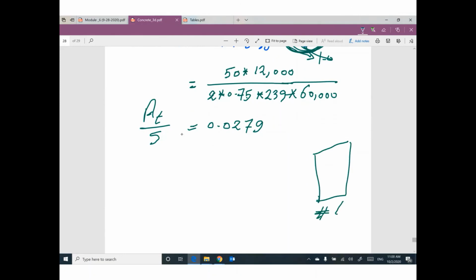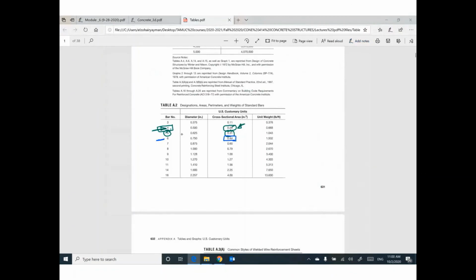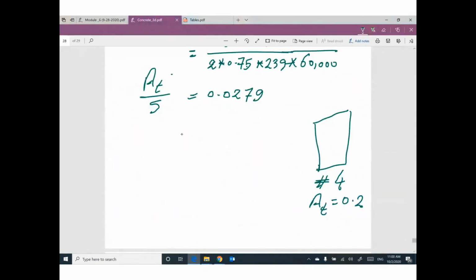So what is the area of one leg? Area of one leg for number 4, how much? 0.2? Yeah, I believe for number 4 the area is 0.2. That's right. So this term will be 0.2, area of one leg. Remember, area of one leg. So the only unknown in this expression will be spacing.